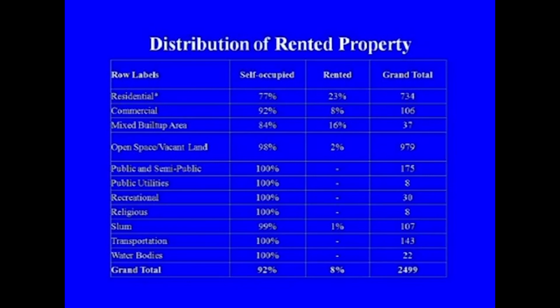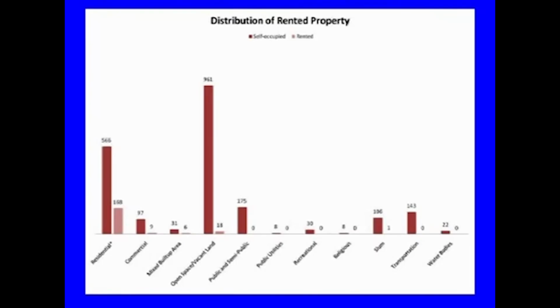Interesting to note is that in the residential region about 23% of the property is rented area. So, this particular slide shows the distribution of the property which has been rented, and one can see that residential areas are having about 566 properties which are under rented category.